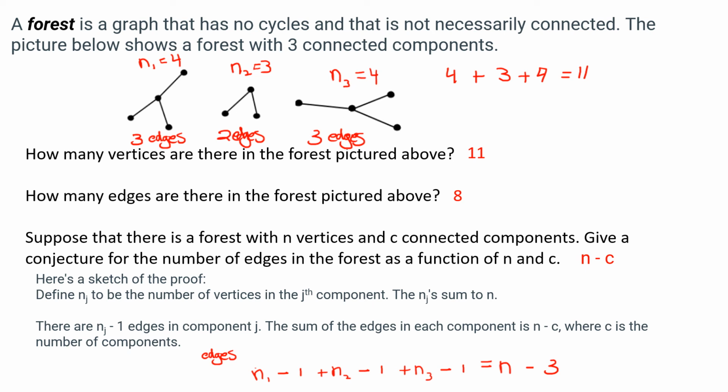We have to subtract 1 for the number of edges. And since we do that c times, that ends up turning into n minus c. Just like here you see at the bottom again, we had to subtract 1 3 times because we had 3 trees, so we ended up with n minus 3. So if we have c trees, we would end up with n minus c. So that's how we could think that through and figure that out for sure.